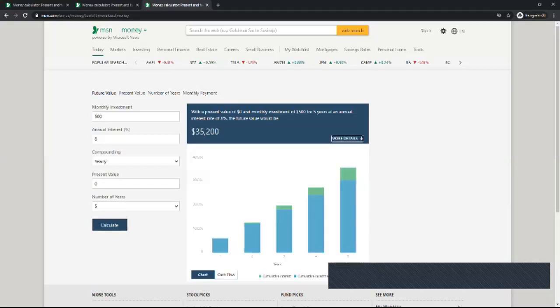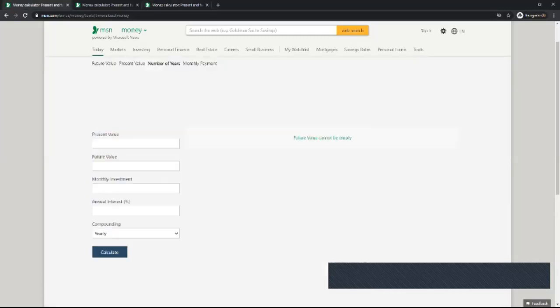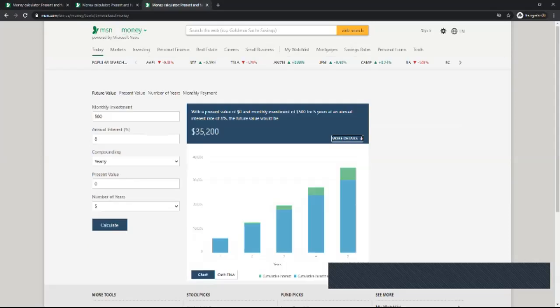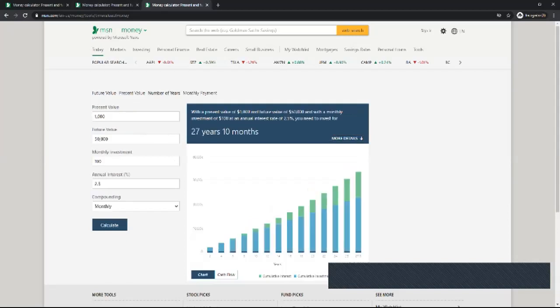Okay. All right. Now let's look at number of years, for instance. So if the present value of your portfolio is $100 and you're looking for a future value of $50,000, and you have $175 to invest.